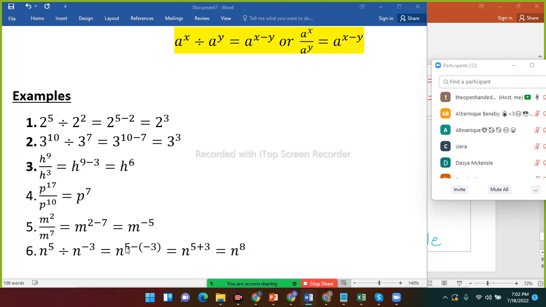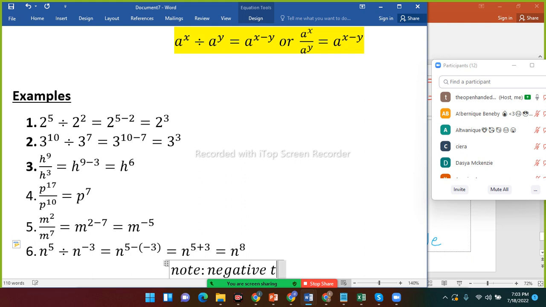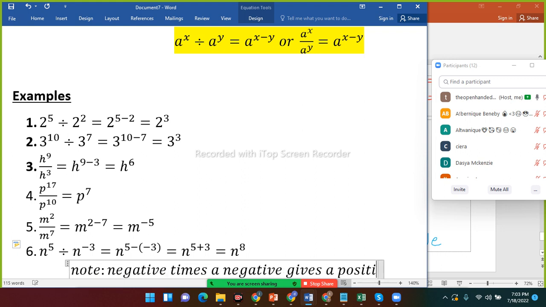And so if we have 5 minus negative 3, I should make sure I put a note here. The note is that a negative times a negative gives a positive. The bracket means times.